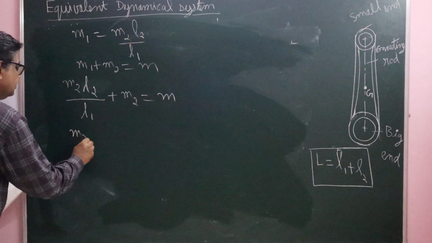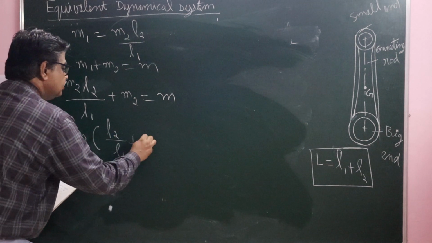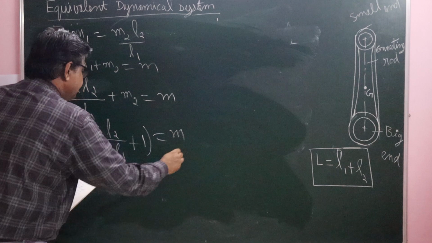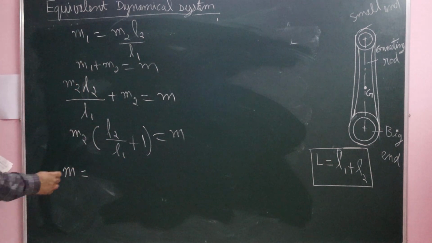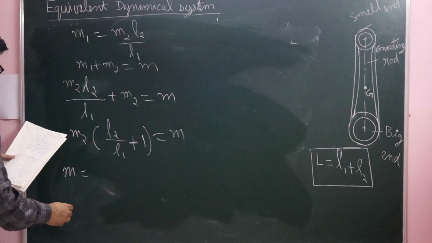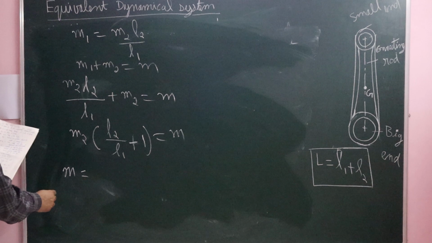Therefore m2 into (L2 by L1 plus 1) is equal to m. Taking LCM here, you can find out m2.